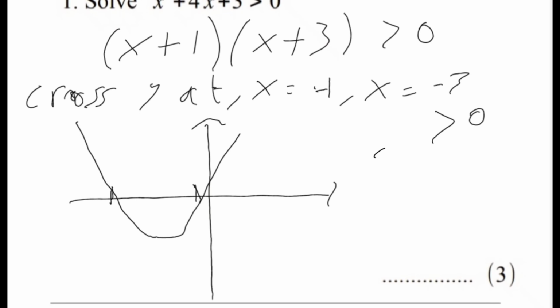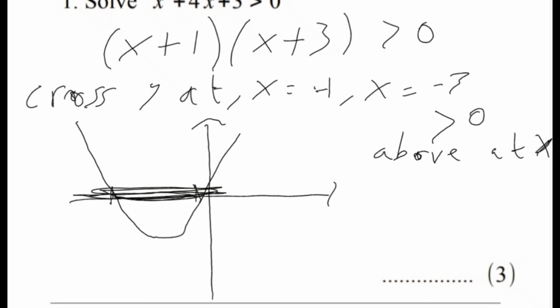The next part, we look at the inequality, and it says this has to be greater than 0, which graphically means this equation has to be above ground level, at the x-axis. So then we look at the parabola again, and we look at the two root points, minus 3 and minus 1.